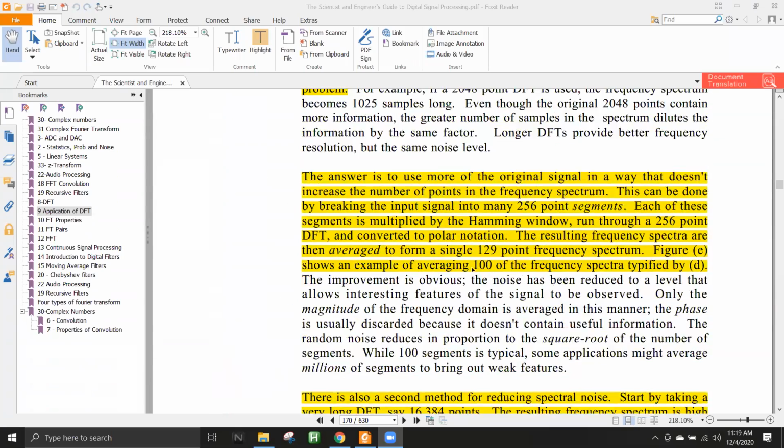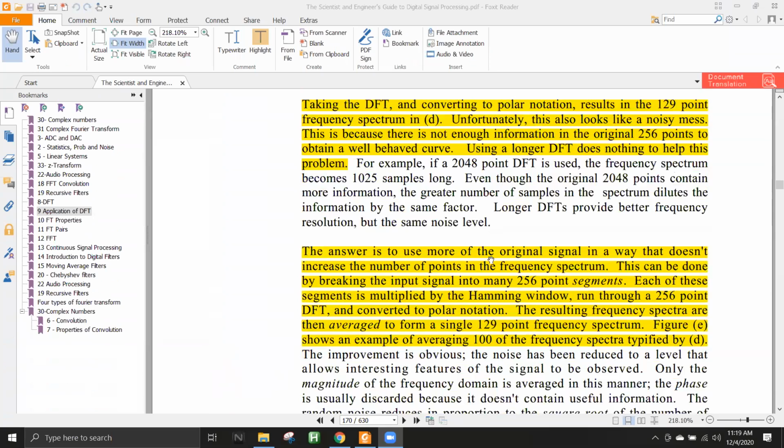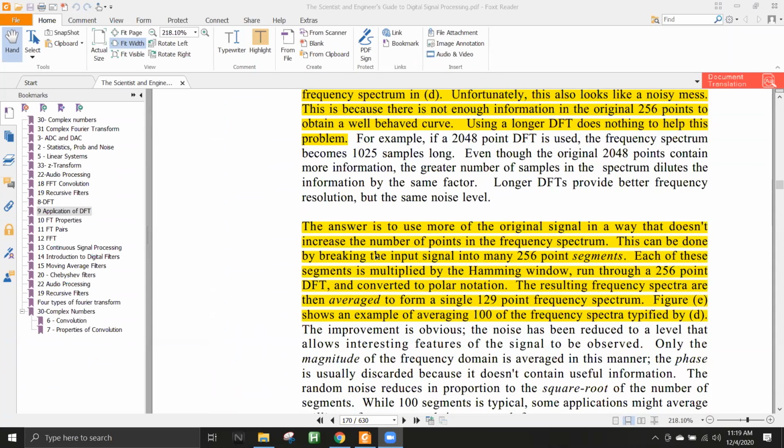So for this reason, instead of using a longer DFT, they suggest breaking the input signal into multiple 256 point segments. This is the main important part here. Suppose you're listening to a noisy environment, maybe the traffic, and you're trying to obtain some frequency information from the traffic sounds.